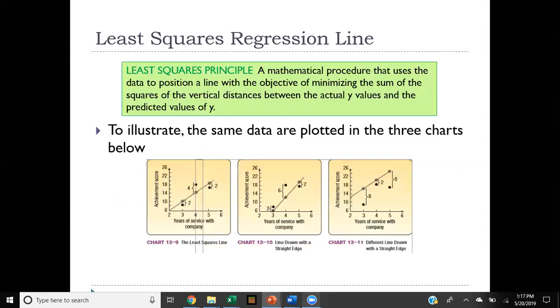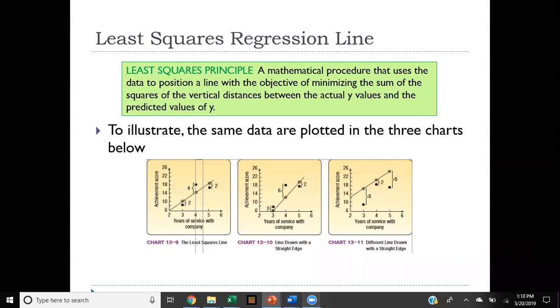Those values are spread across the whole spectrum, but there's a line that results in the smallest vertical distance between each data point and the regression line that you eventually calculate. If we can get the smallest distance between all the different values and that trend line, that gives us the best line of fit. That's basically our regression line, which we can then use to project out and figure out what some value would be into the future.